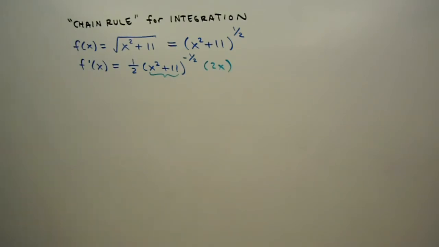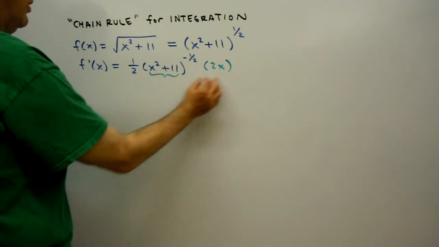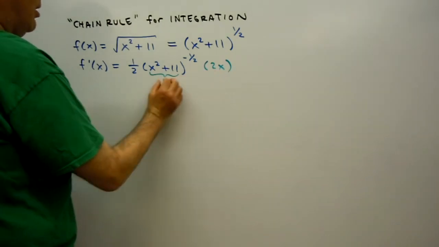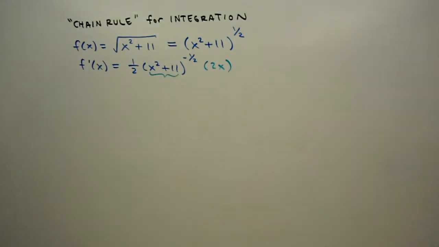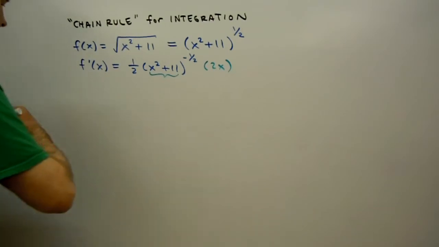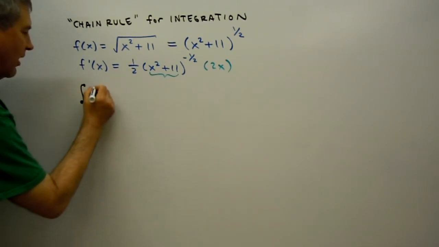Now, if we're going to do integration, where we have a composite function, we have to realize that what we're doing is derivatives in reverse, where we have to have this proper derivative of the inside on the outside of the derivative. So, let's do a similar example of finding an integral going the other way.